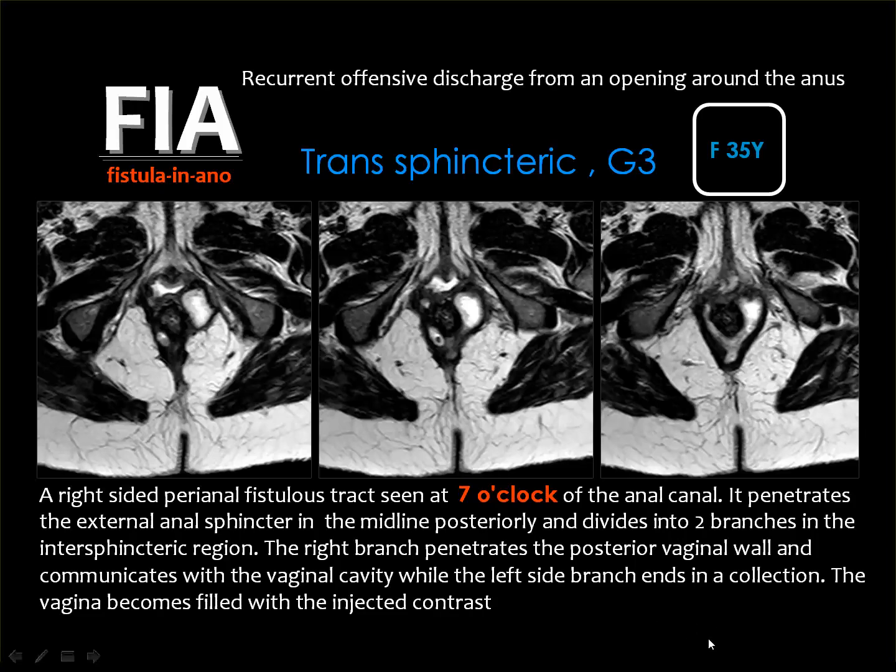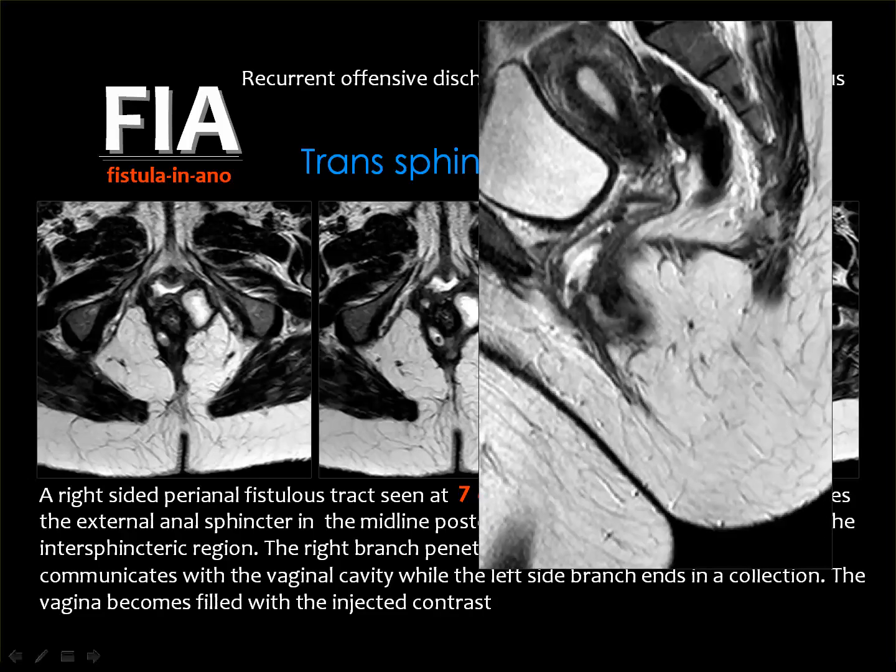Then, if you follow the track on the right side, you will find that this is the vagina, and you will find some connection between the track and the vagina. Actually, look at the beautiful sagittal image. This is the fistula tract, and this is the vagina, and here you can see the very subtle connection between both.